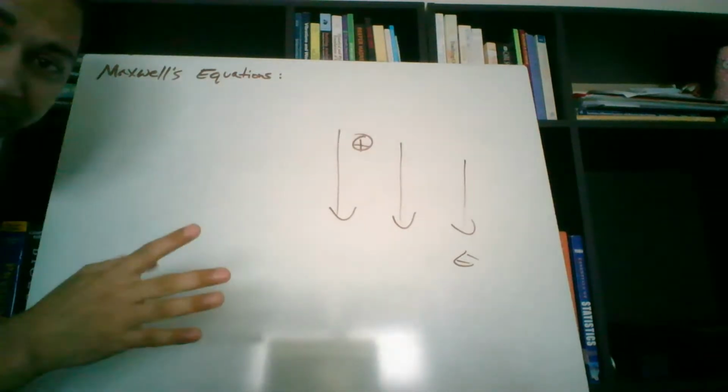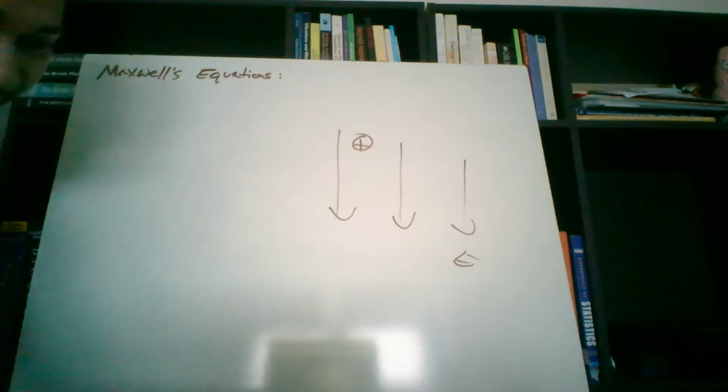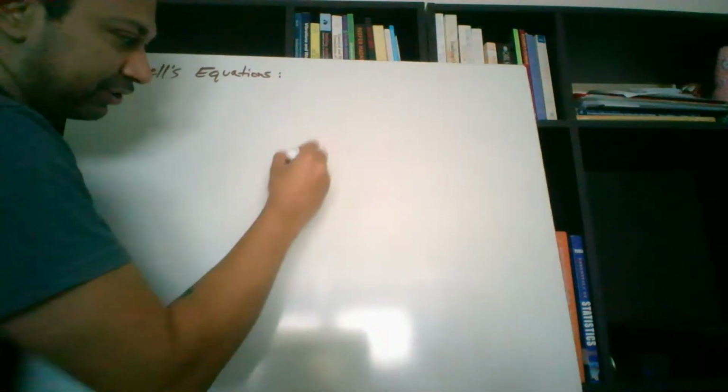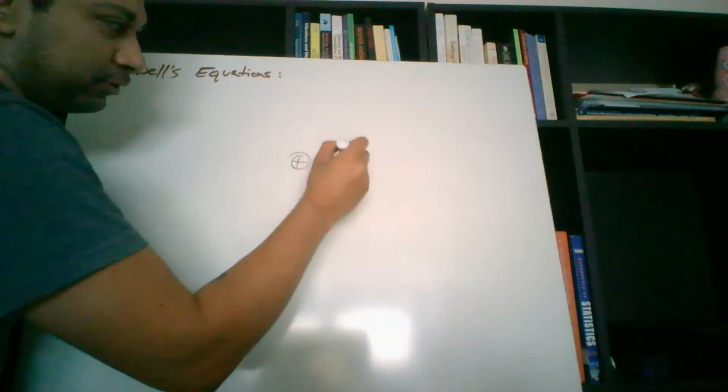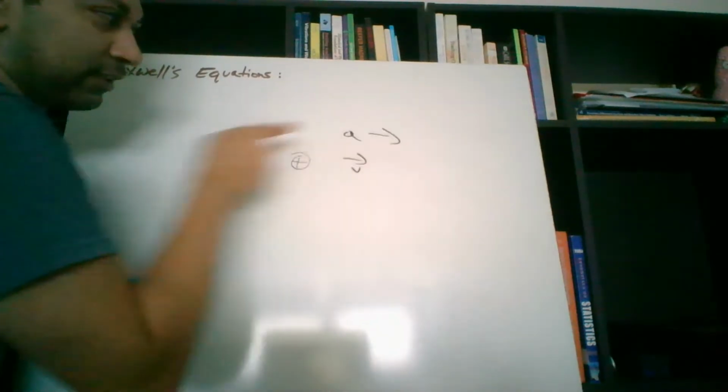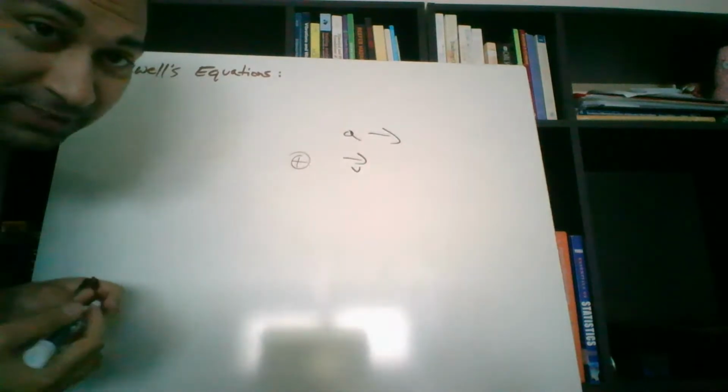And then finally, the last thing that I didn't really talk so much about was this. If you have a charge and it's moving, v, but there's also an acceleration. It's not only moving, it's accelerating.